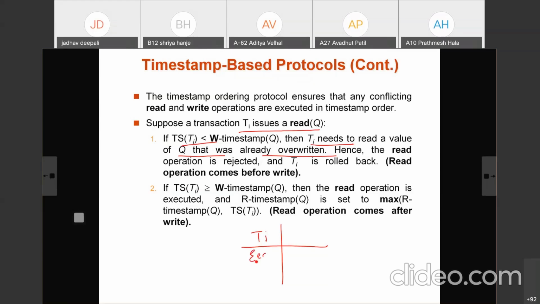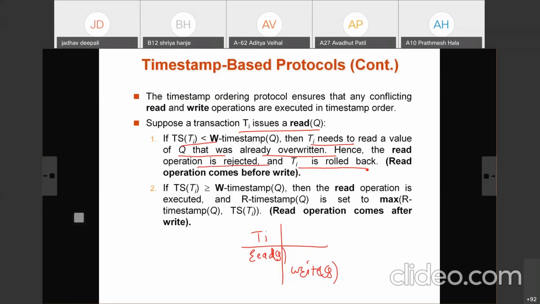Okay, so the rule. Suppose the transaction Ti issues a read Q operation. If TS(Ti) is less than W-timestamp(Q), then Ti needs to read a value of Q that was already overwritten.